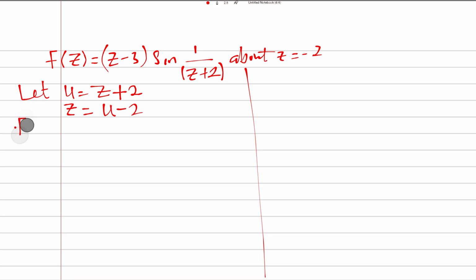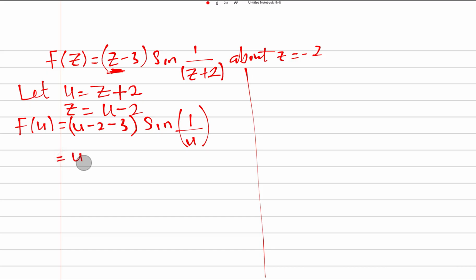So our f of u will be u minus 2 minus 3, because my z becomes u minus 2 and this minus 3 is there back, then sine 1 over u. So this will now become u minus 5.